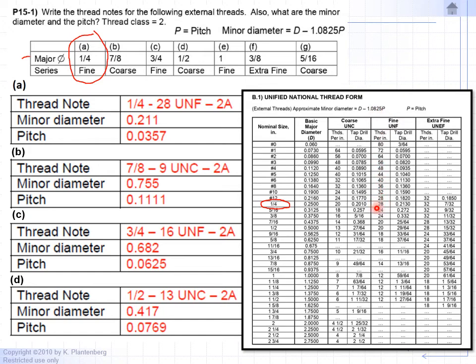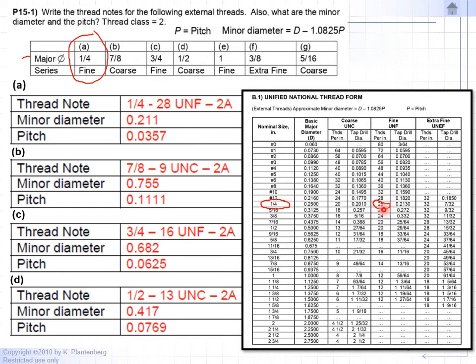For a quarter fine thread, we have 28 threads per inch. If the length of the bolt is 1 inch, it has 28 threads. If the length is 2 inches, we have double, 28 times 2, which is 56 threads over a length of 2 inches.